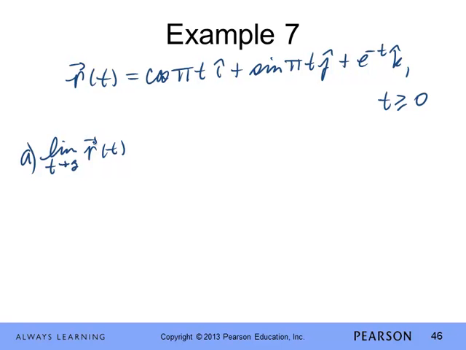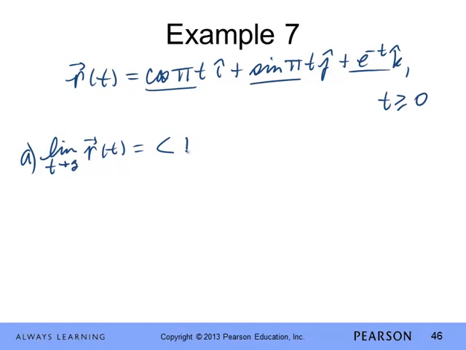Okay, well, let's see here. That will be the same as taking the limit of each of the individual components. So, look, when you let t approach 2 for cosine of pi t, you have cosine of 2 pi. Now, the cosine function is continuous everywhere. So you could just evaluate the cosine function at 2 pi, which is 1, right?